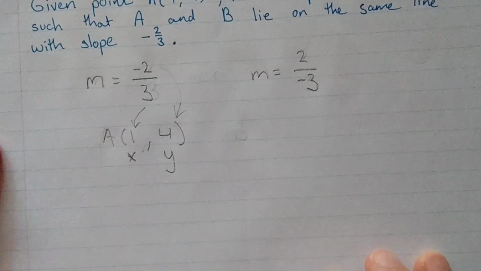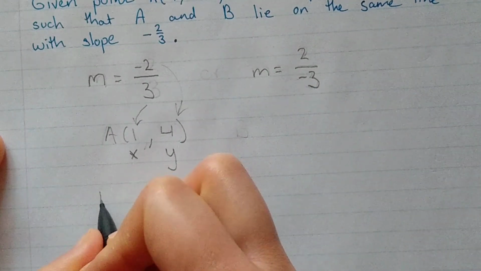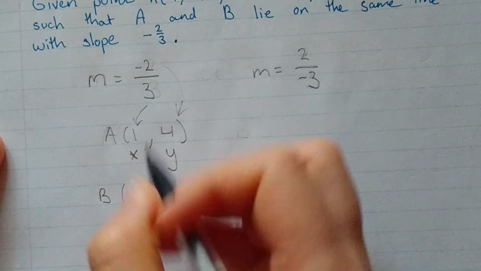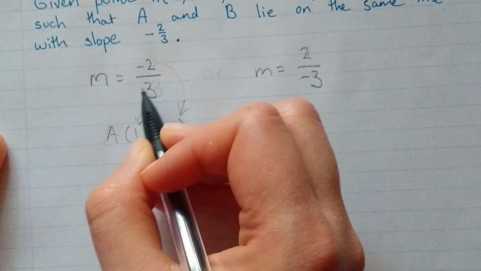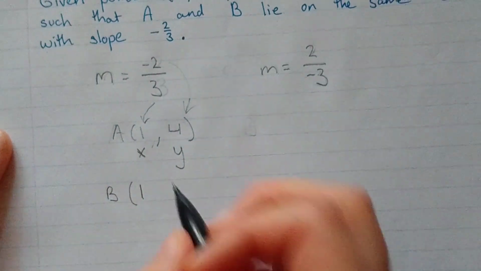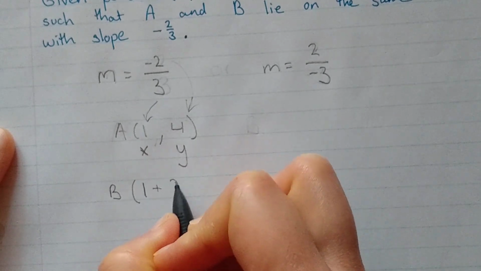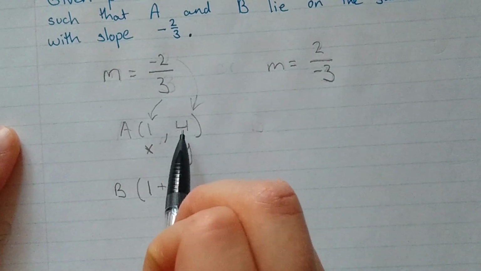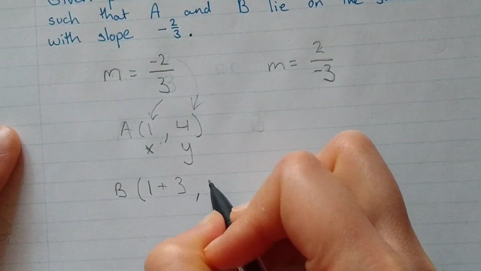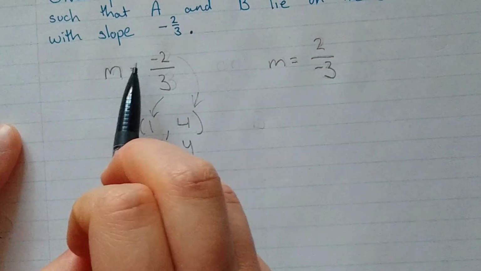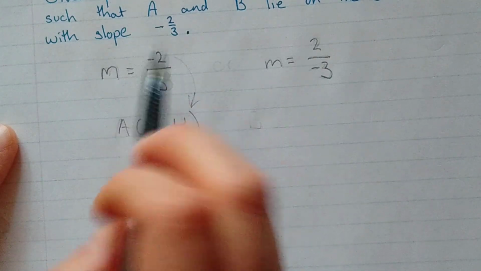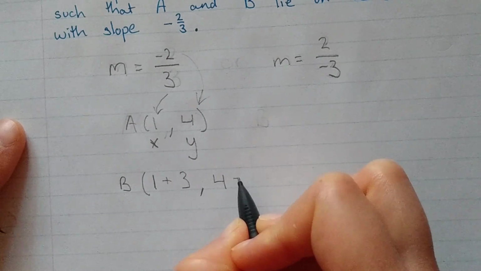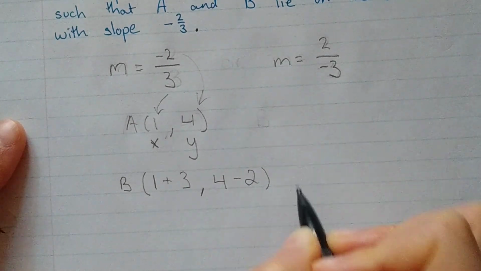So to find point B, we can take our x value 1 and we can add 3 to it because run is x, it's horizontal, and it's positive 3, like this. And then for our y value 4, we are going to subtract 2 because we're using rise, which is up and down, which is vertical, and therefore a y value.